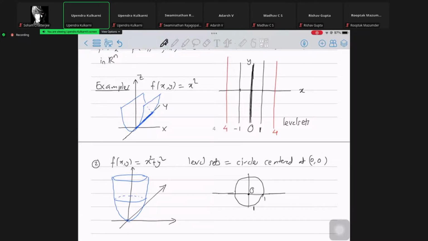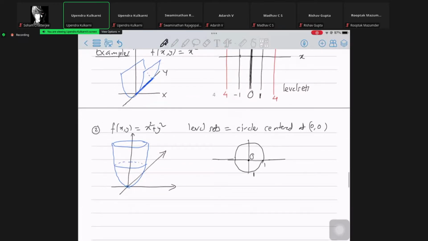So that's what the picture is going to look like. If I put a minus sign in front of this, then this whole thing will simply turn upside down. It will go to the negative z-axis.